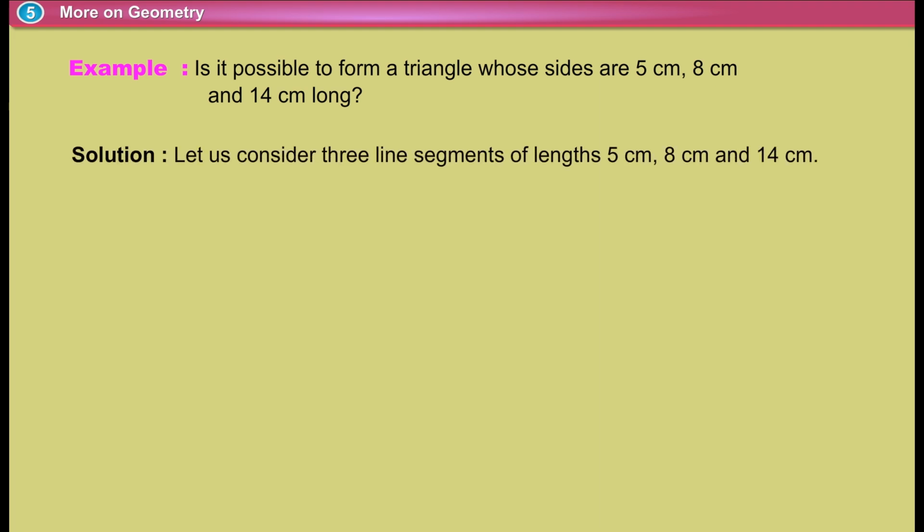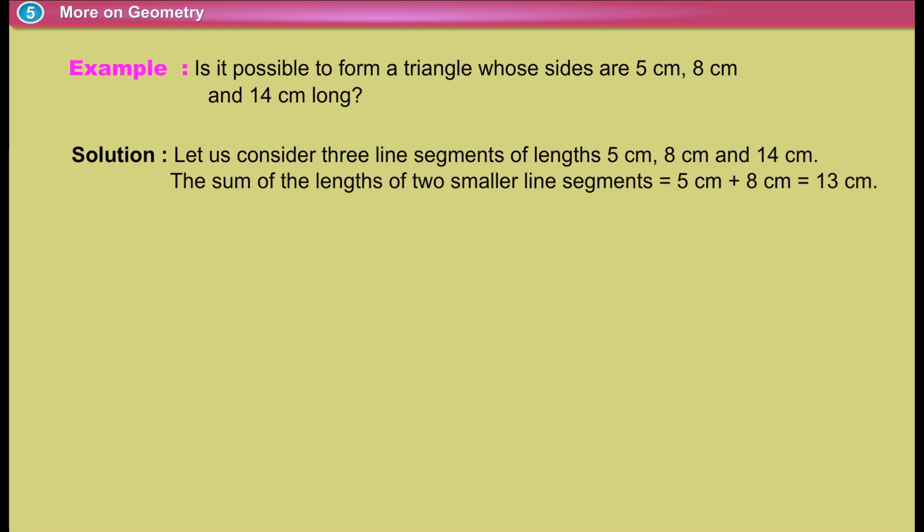Example. Is it possible to form a triangle whose sides are 5 centimeters, 8 centimeters and 14 centimeters long? Solution. Let us consider three line segments of lengths 5 centimeters, 8 centimeters and 14 centimeters. The sum of the lengths of two smaller line segments is equal to 5 centimeters plus 8 centimeters equals 13 centimeters.